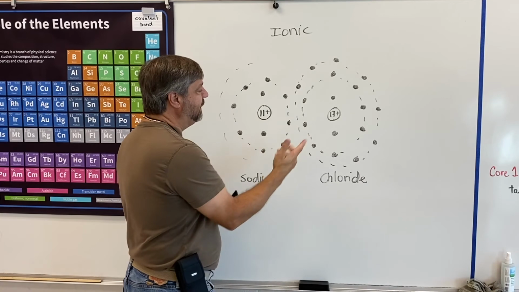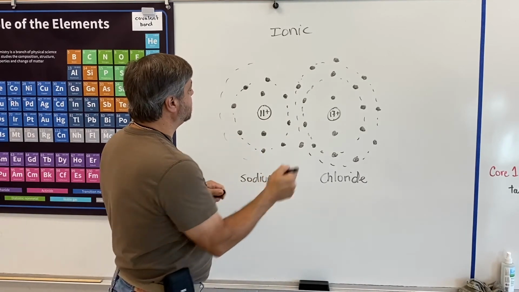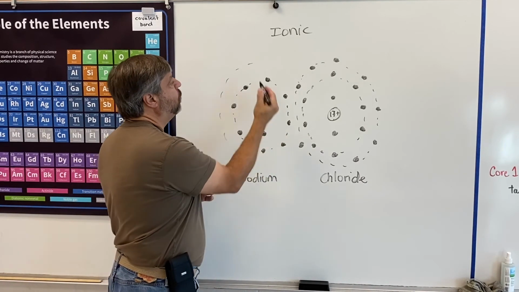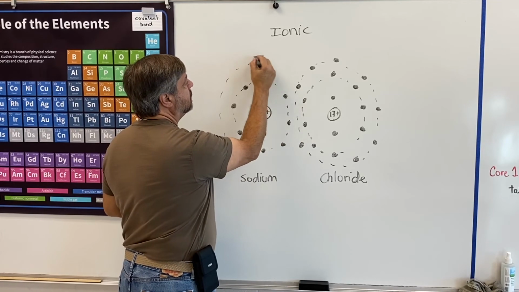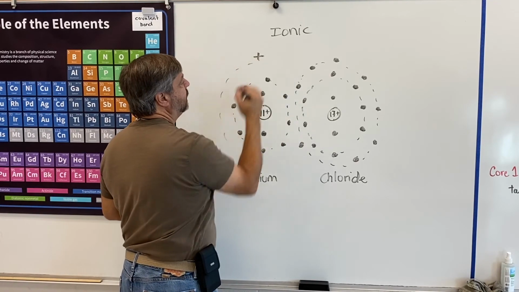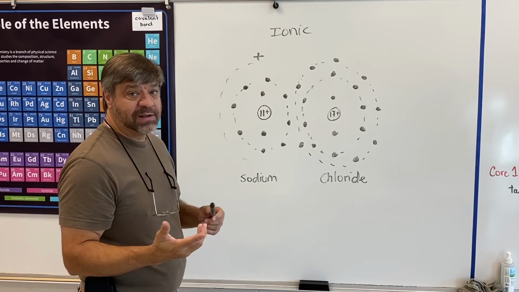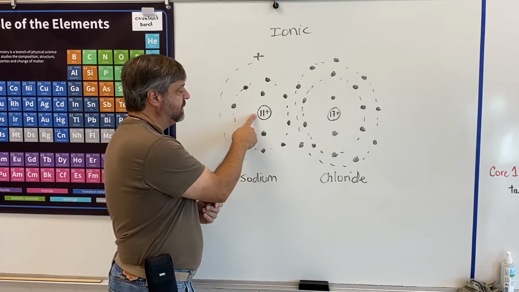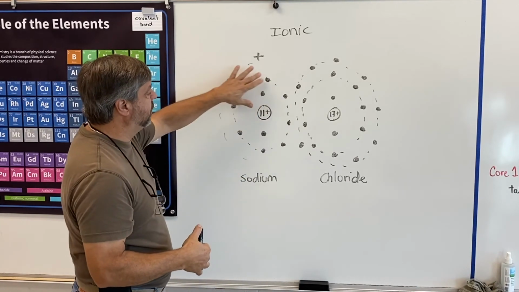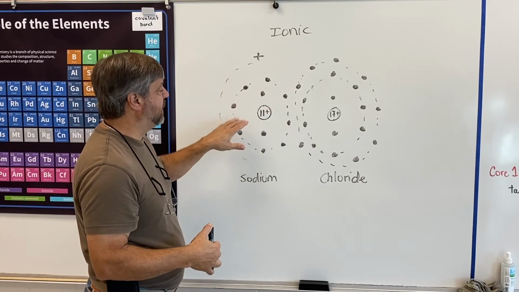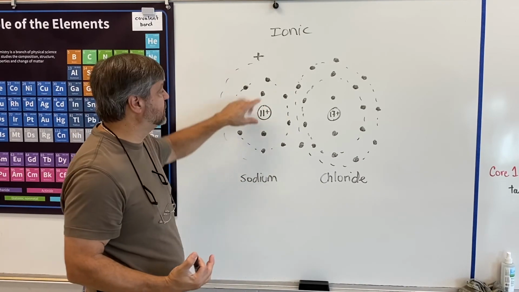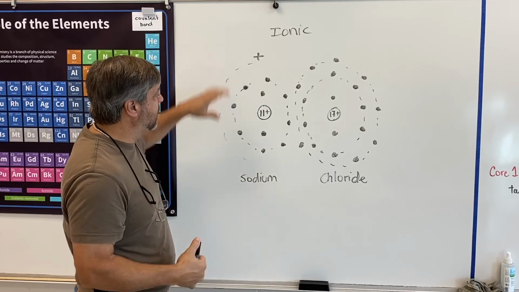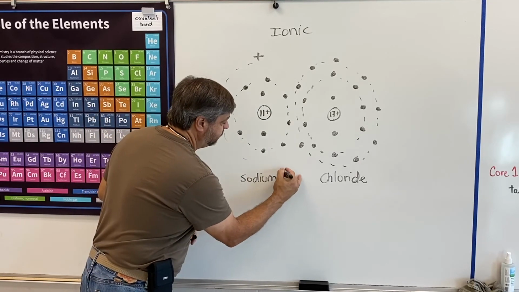So there is a bond here because now this is an ion. It is short 1 electron that it should have, making it positive because you have 11 protons in the nucleus, but only 10 electrons. So you have more of a positive charge than a negative charge. So this is now a positive ion.